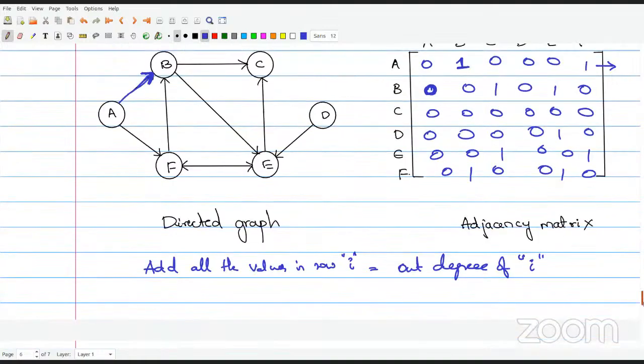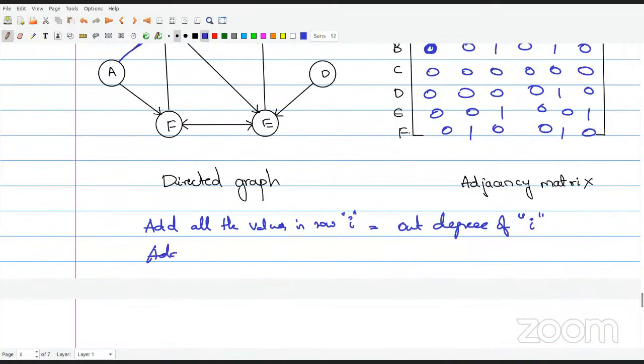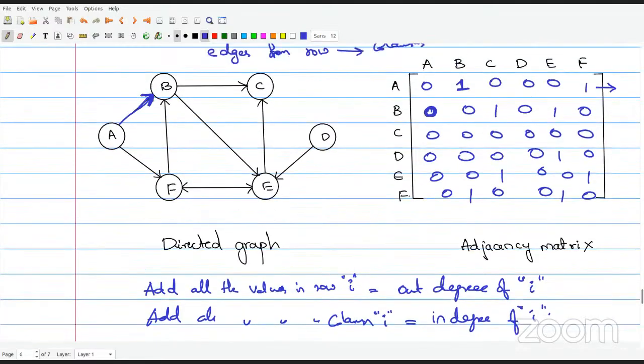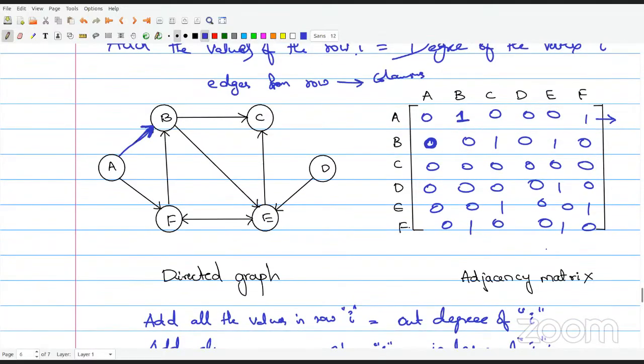And if I add columns, what will I get? In degree. Column i, in degree. Correct, in degree of i. So from the adjacency matrix, you will get all the properties, in degree, out degree, and everything via the adjacency matrix only. No need to draw the graph and check again.